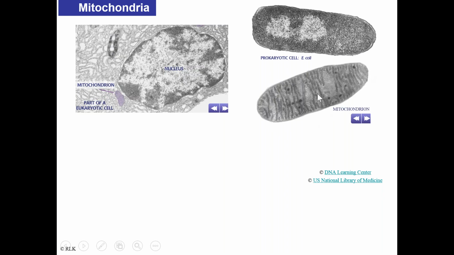Look at the shape of the mitochondrion that it shares with the prokaryotic cell. I'm not saying that mitochondrion is in the prokaryotic cell. I'm saying that the shape of the mitochondrion that exists in the eukaryotic cell is really similar to an entire prokaryotic cell of this bacterial species.